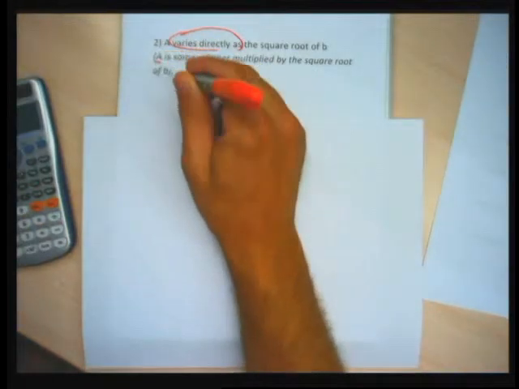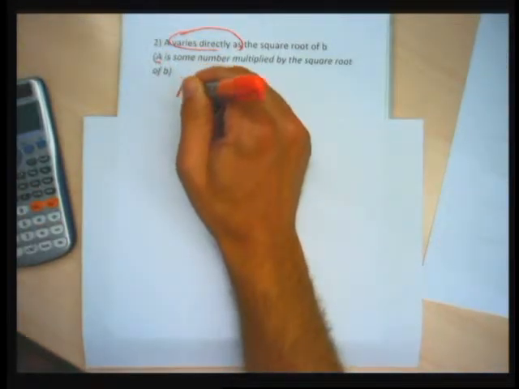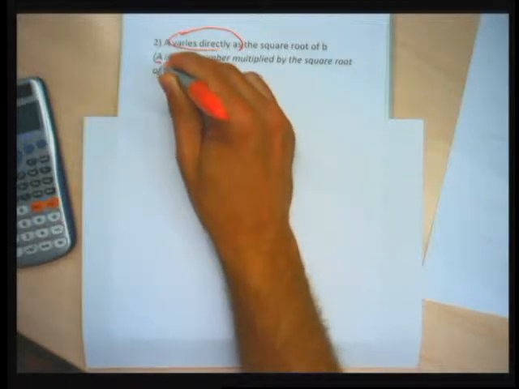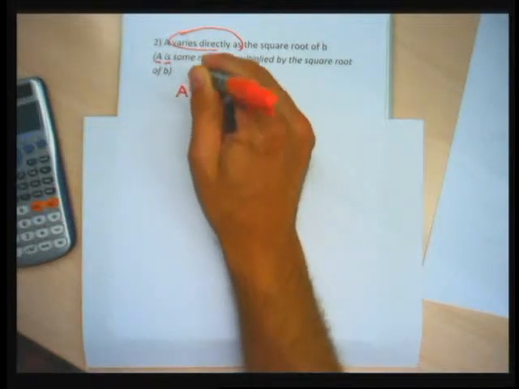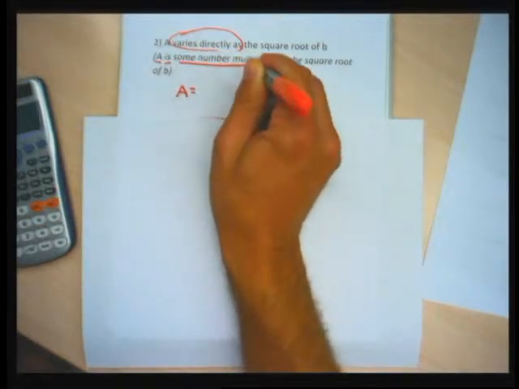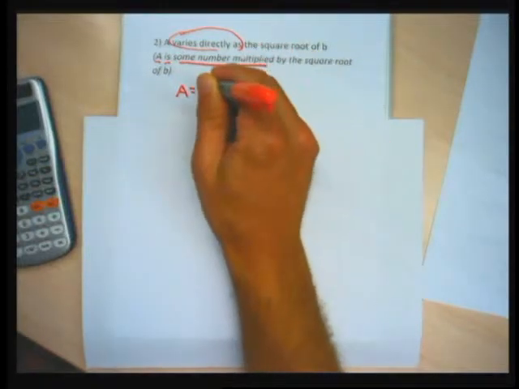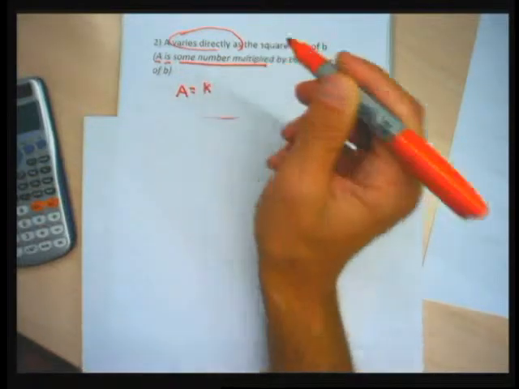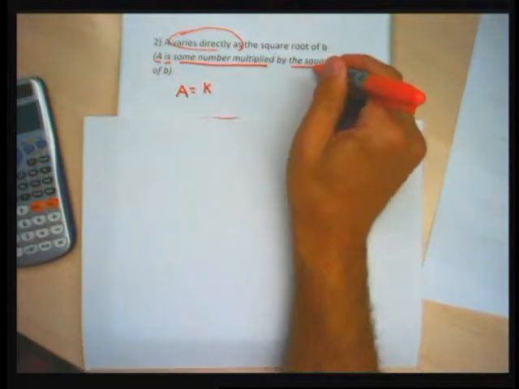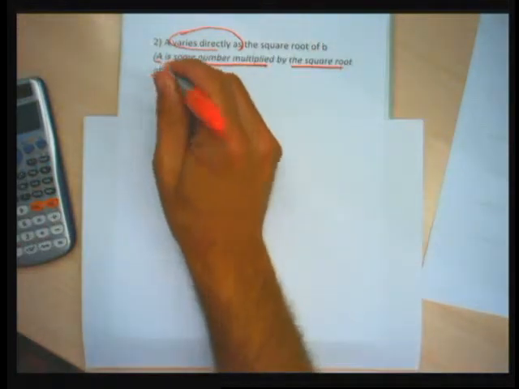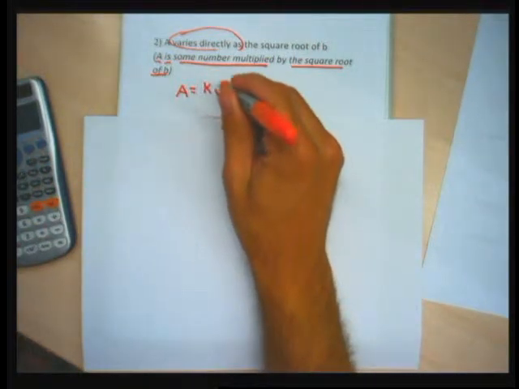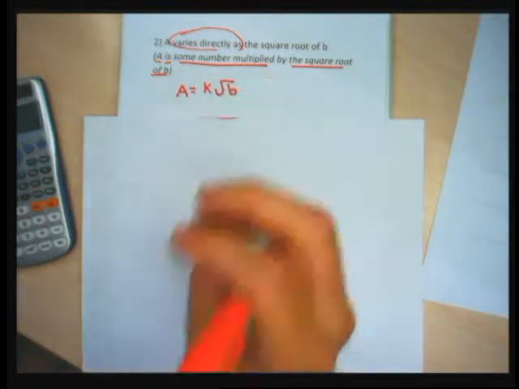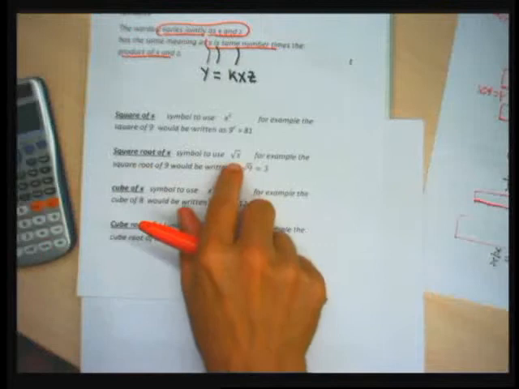The letter A, I'm going to leave the letter A. The is, I'm going to write as an equal sign. The some number multiplied by or some number times, I'm going to write K. And then the square root of B, because it's square root, I'm going to put the B under this radical symbol and not give it an exponent, because square root implies I need that symbol.